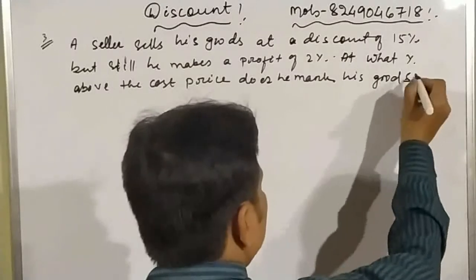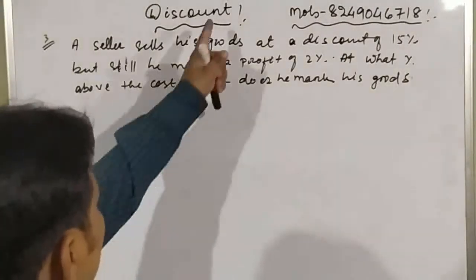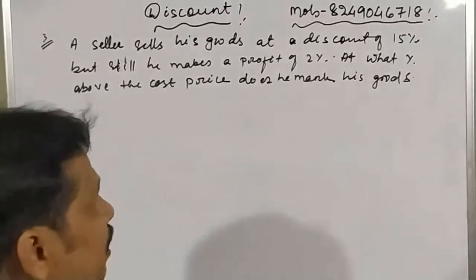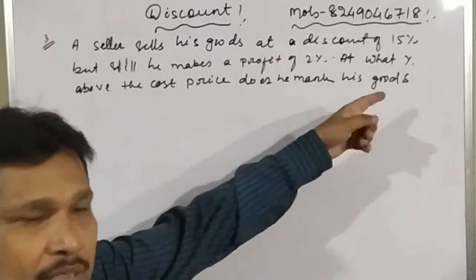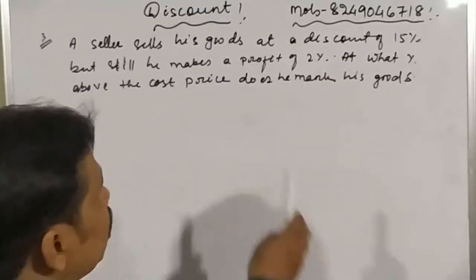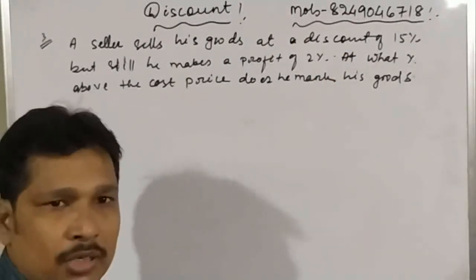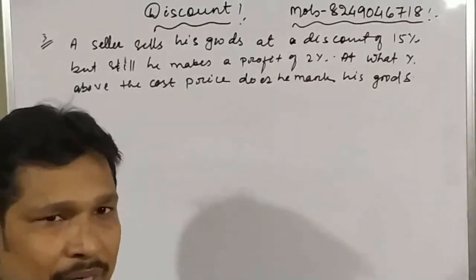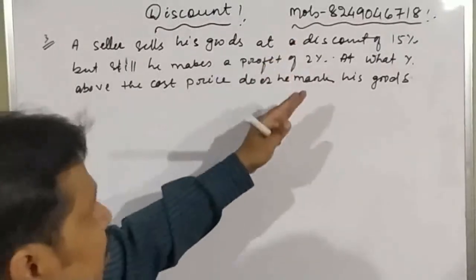Okay, so here this question relates to the mark price as well as the cost price, because profit is given here. So we know that the discount is dependent upon the mark price and the loss and the profit are dependent upon the cost price. So we need the cost price as well as the mark price, but both are not given.